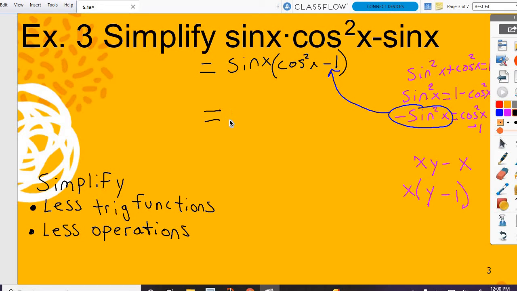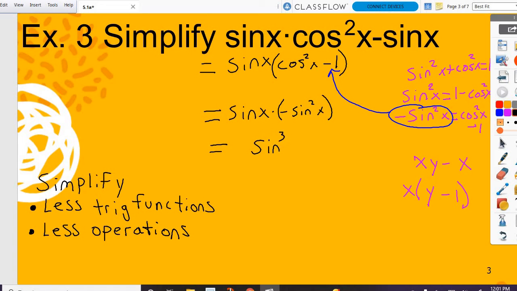So we would get sine of x times negative sine squared of x. Yes? So I would have sine to the third, but then what else do we have?